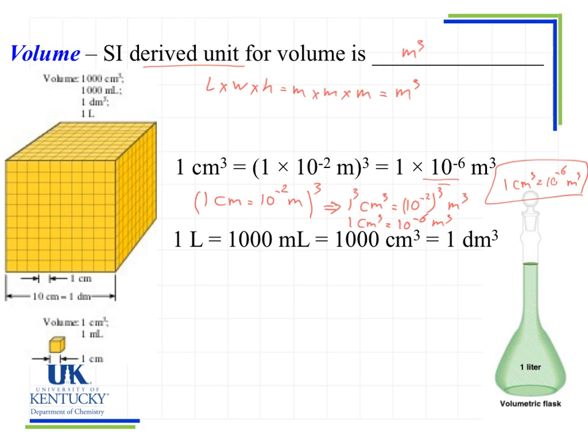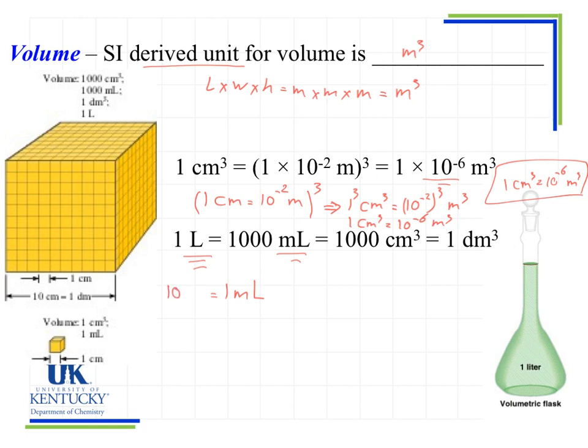But in chemistry, we have other units for volume, and liter is the most famous unit for volume in chemistry. We also have milliliter. So we know that 1 milliliter, milli is the prefix and it means 10 to negative 3.